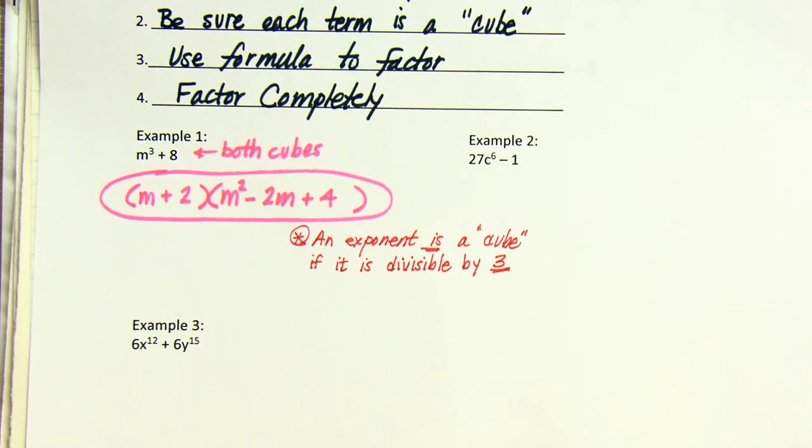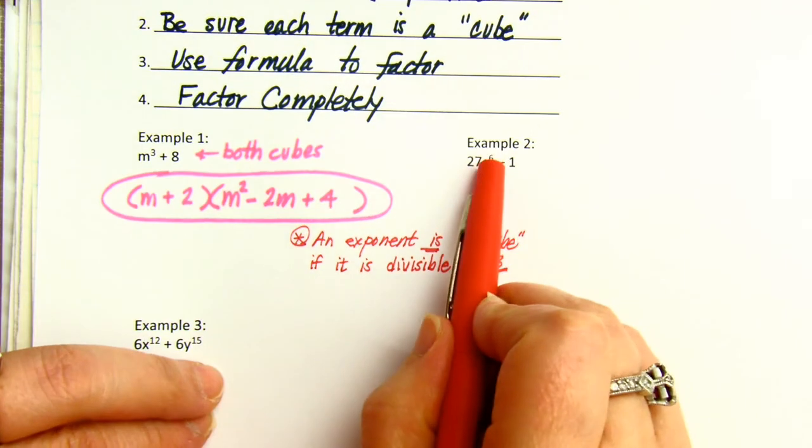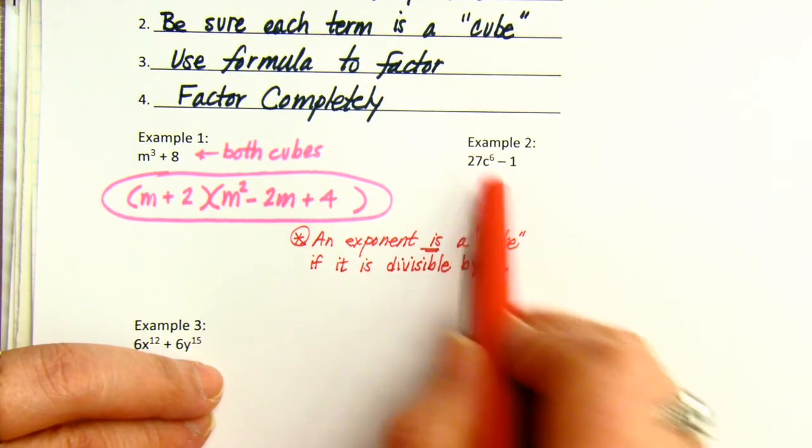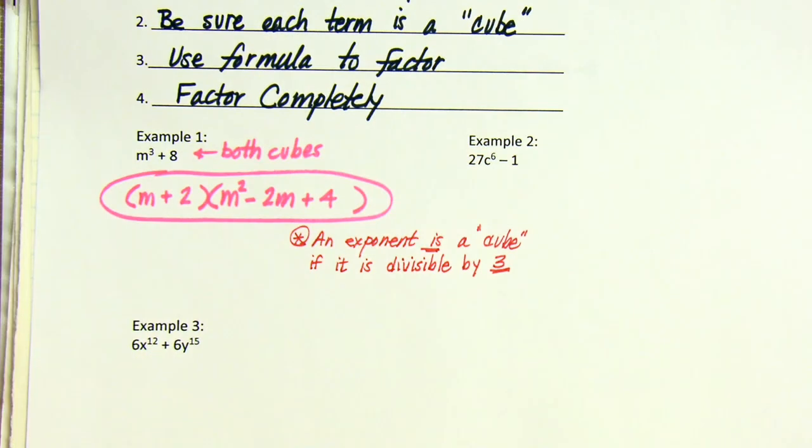Always. It's always a cube if it's divisible by 3. 6 is divisible by 3. So c to the power of 6 is a cube.